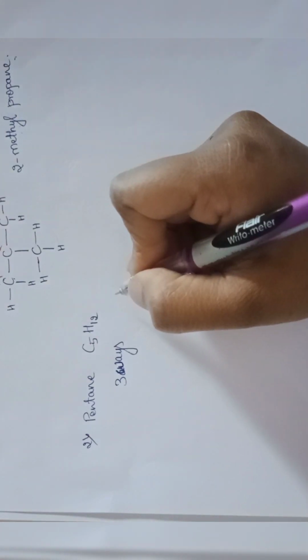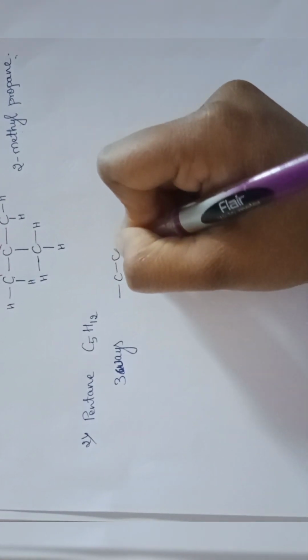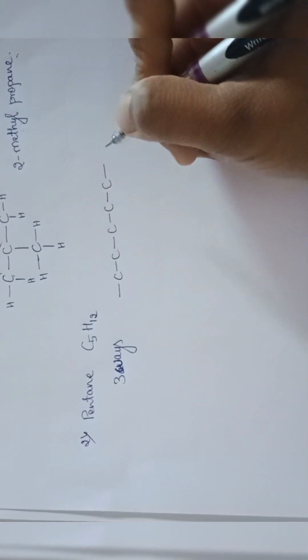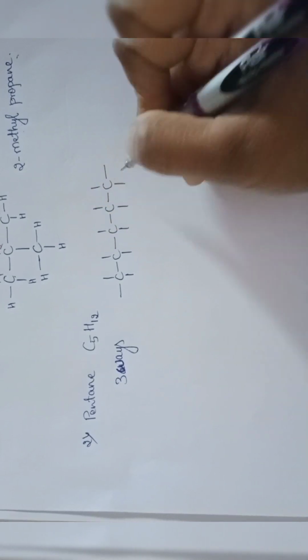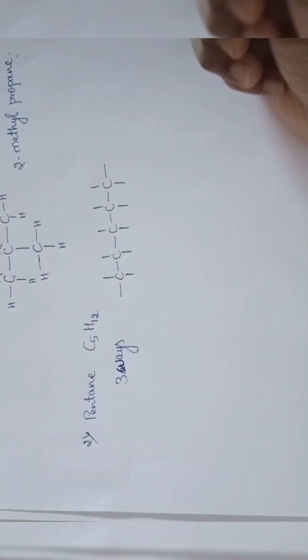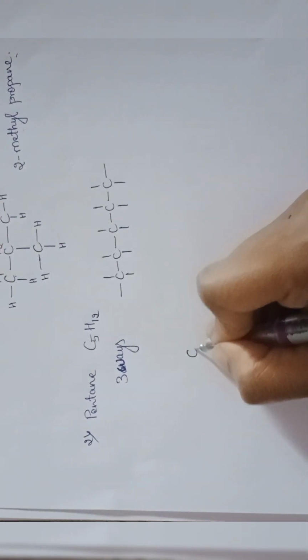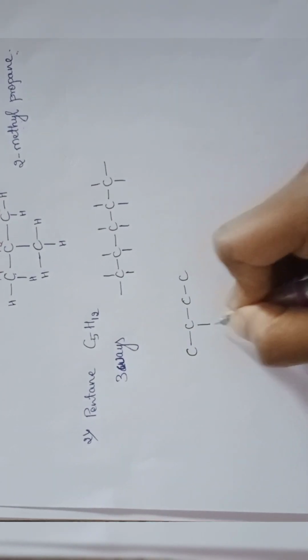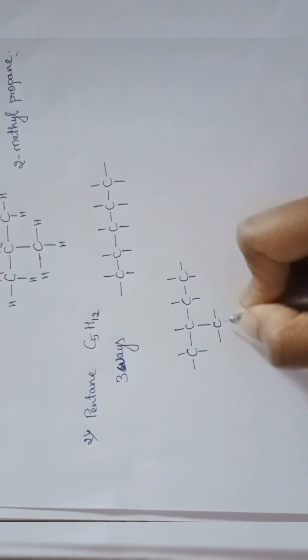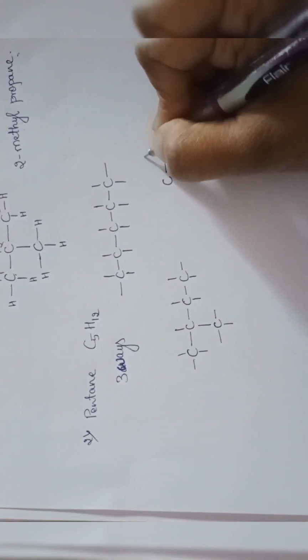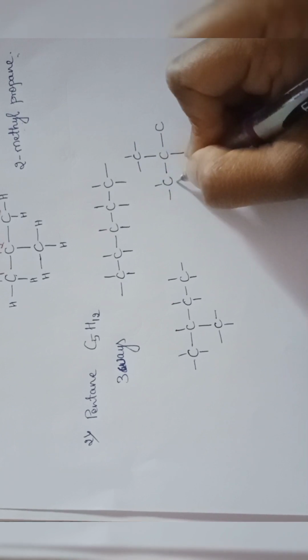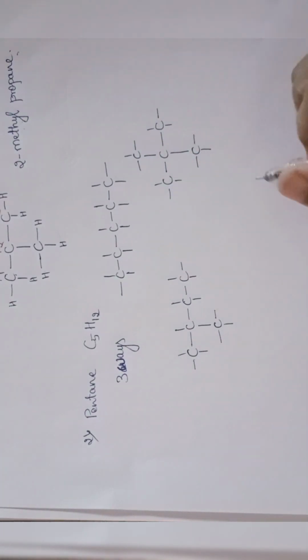One is a continuous chain and two are branched. In this, all the carbons are attached with hydrogen.